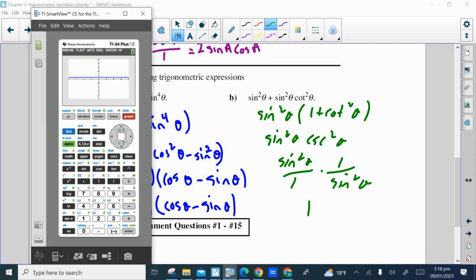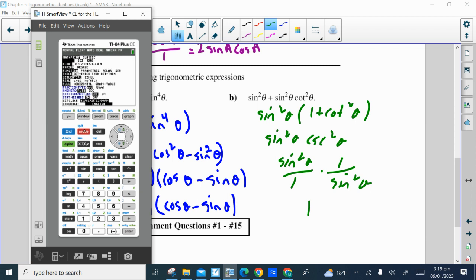Right, and this doesn't really talk about any non-permissible values, but we can use our calculator to help us with that, remember. The only denominator we really have here is cotan squared, which is 1 over tan squared. So you have a denominator of tan squared, which means you have sine and cosine both in the denominator. So neither sine nor cos can equal 0, which means x could not equal every multiple of 90 degrees or pi on 2 radians.